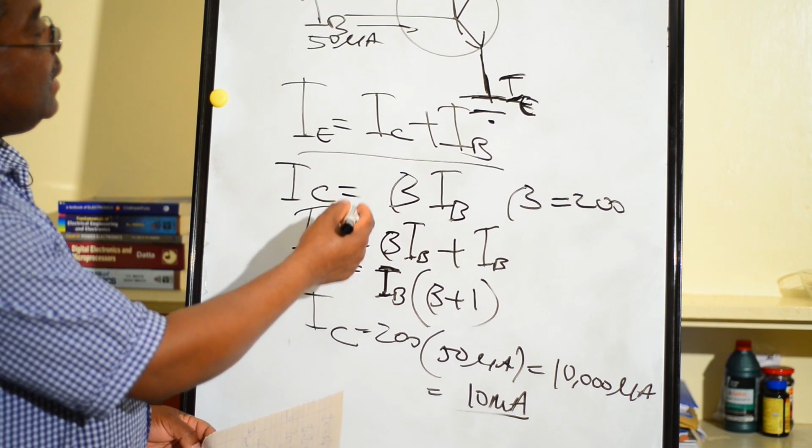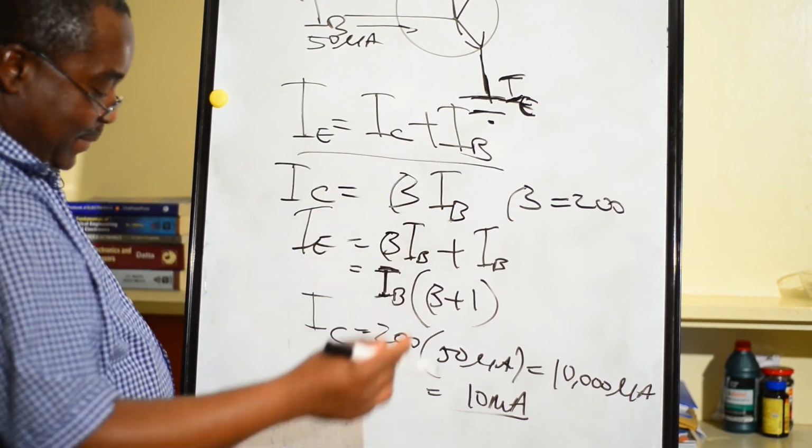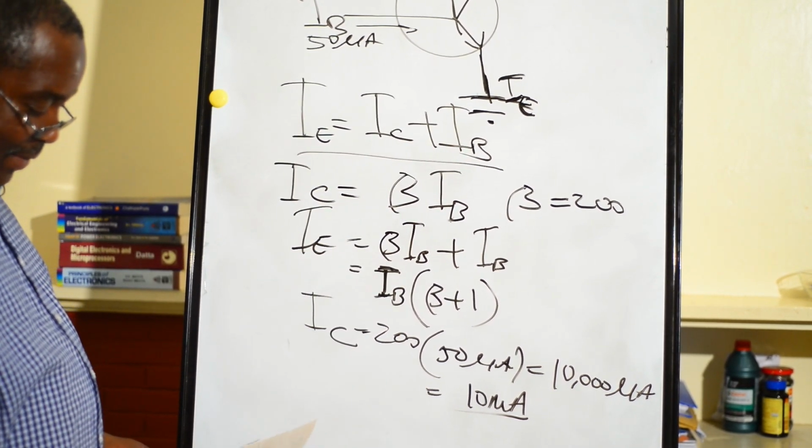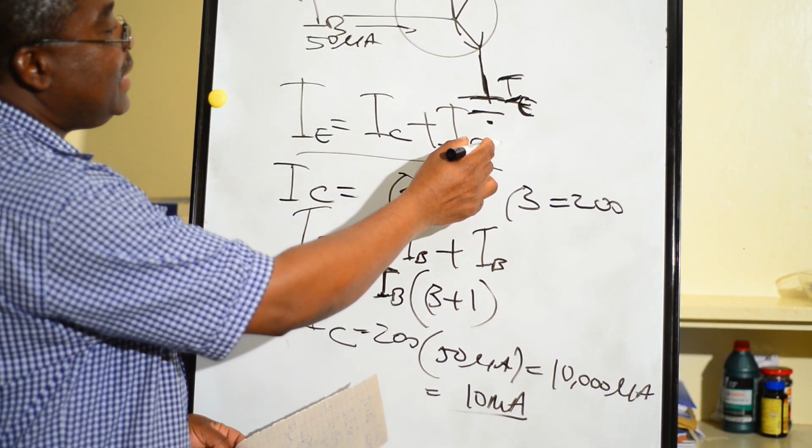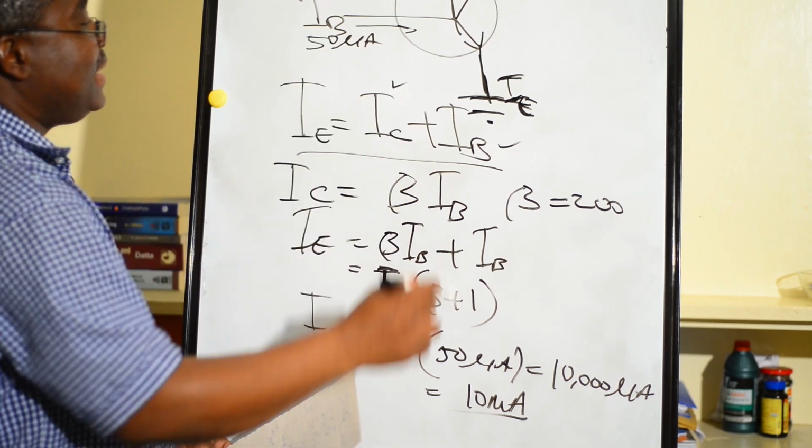So in our formula, IE is equal to IC plus IB. We have IB, we have IC.